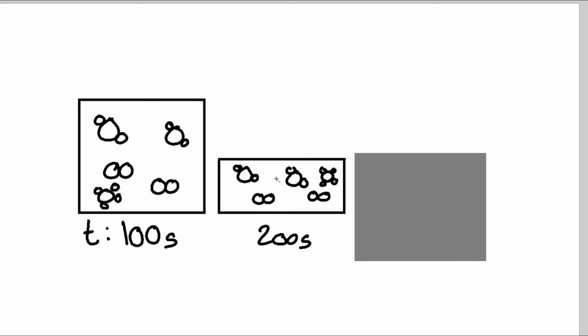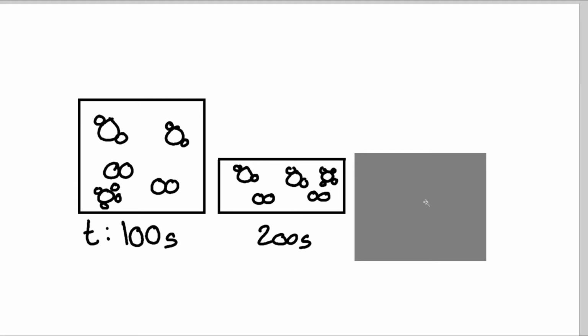So now we have the exact same particles, the exact same molecules, in just 1/2 of the original volume. And now let's say I asked you to draw the picture of the next step of the reaction, or the reaction at equilibrium. What would your picture look like?